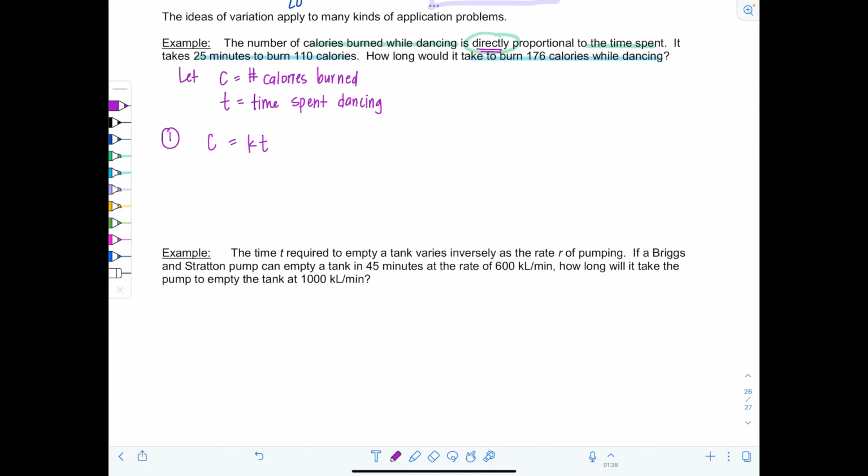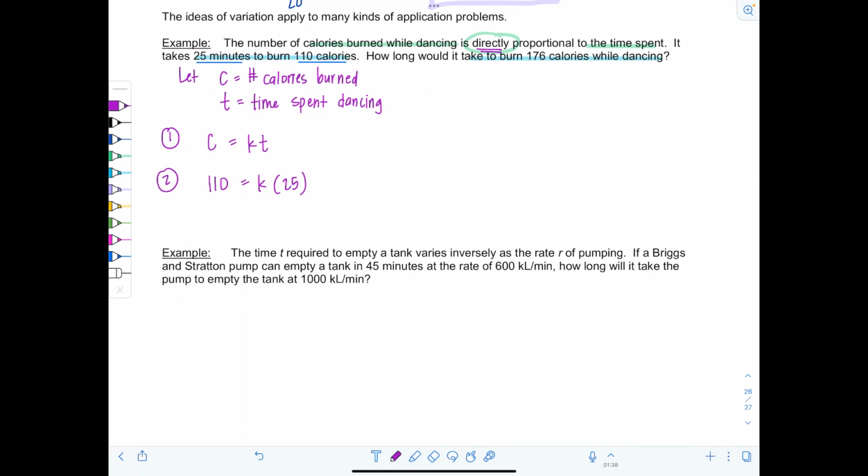Okay. Step 2, we're going to have to try to find K, and yep, they totally gave me info so I could do it. They told me it takes 25 minutes to burn 110 calories. You guys, obviously this is going to vary based on your body, right? And the intensity with which you dance, but just go with it for the sake of this problem. So 110 is equal to K times 25.